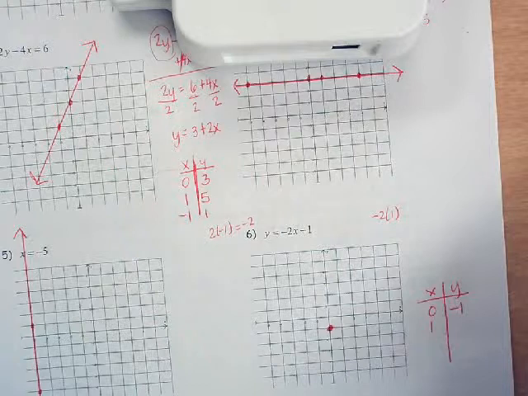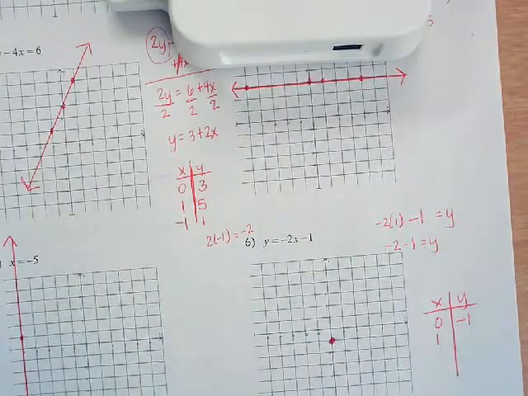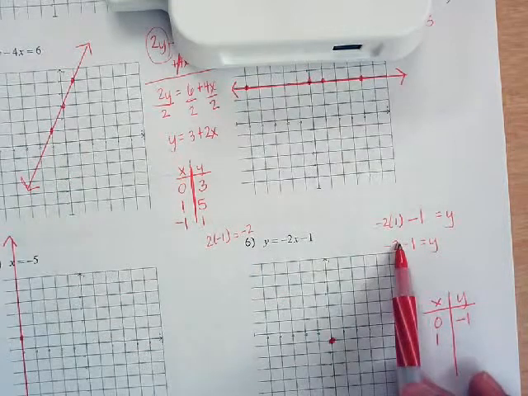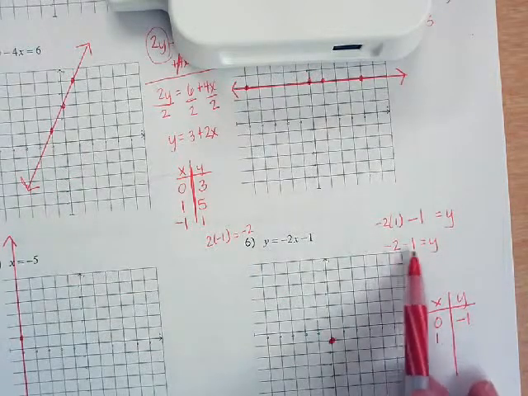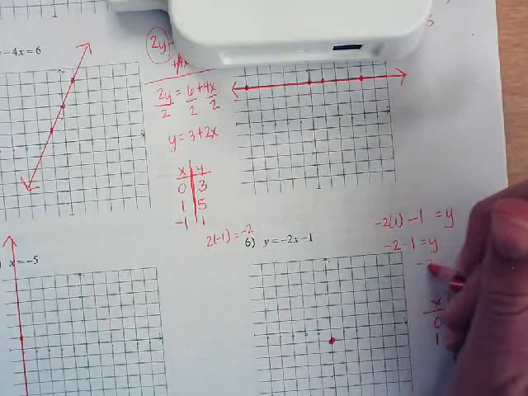Wait for the video to catch up here. It's frozen on me. There we go. So negative 2 minus 1 is a negative 3 because the signs are the same. So I'm getting a bigger negative number. So it's negative 3 equals y. So at 1, it's negative 3.